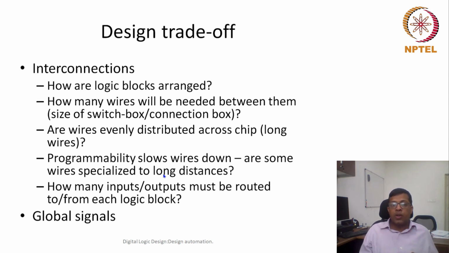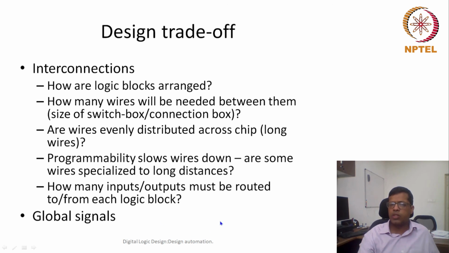Now some of the global logic, for example a clock and reset, has to travel across all the logic blocks, so there may be some non-programmable wires for those purposes also. Okay, so how should inputs and outputs be spatially organized?